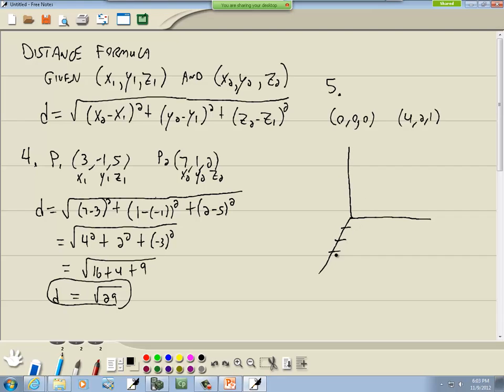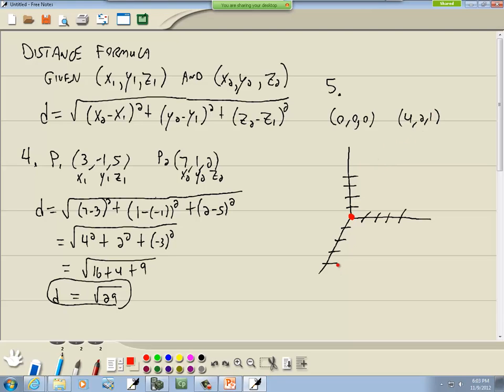1, 2, 3, 4. 1, 2, 3, 4. 1, 2, 3, 4. 0, 0 is right there. 4, 2, 1. So this is our x, y, z. So go to 4 here, 2 on our y, and it's about right here. And then we're going to go up a distance of 1.